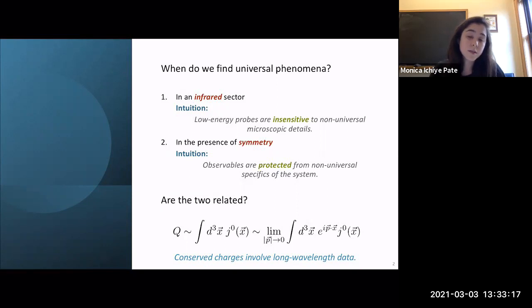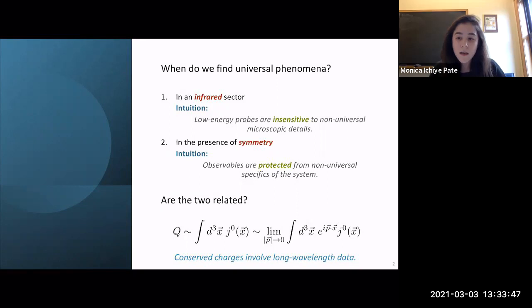The intuition there is that non-universal details appear at short distances, and so low energy probes are insensitive to these microscopic details. Another context in which one might expect to find universal phenomena is in the presence of a symmetry. In this case, the idea is that symmetries protect observables from depending on non-universal specifics of the system.